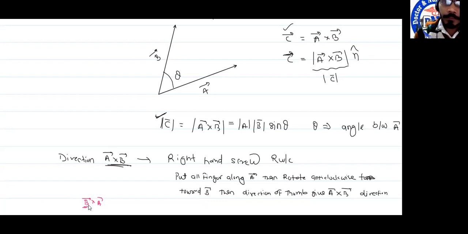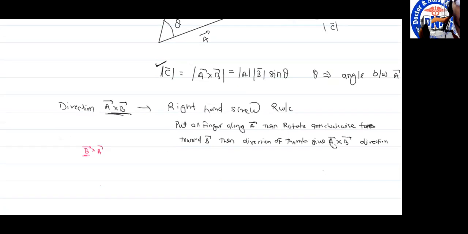Okay? So it is very simple. If you are calculating B cross A, the direction is inward. But if I calculate A cross B, then the direction is outward.